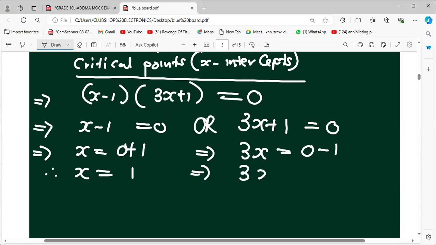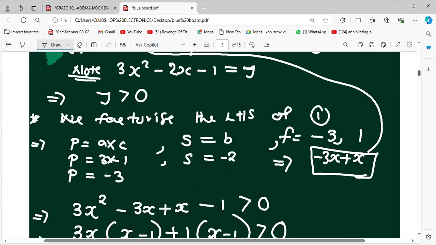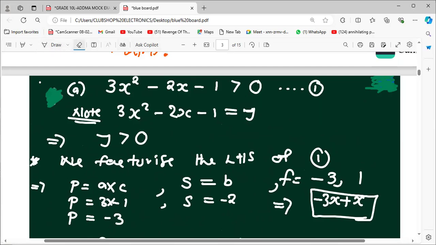Therefore, 3x equal to -1. Then when you divide by 3 both sides, you have x equal to -1 over 3. So these are the points that we're going to use to determine the actual values of x that will satisfy inequality 1.